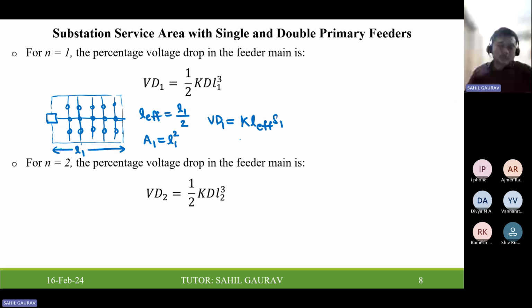S1 we denote based on the power density, so S1 is D into L1 square. You can also write D into A1, and A1 is L1 square. So this will come as K into L effective, which is L1 upon 2, and S1 is D L1 square.